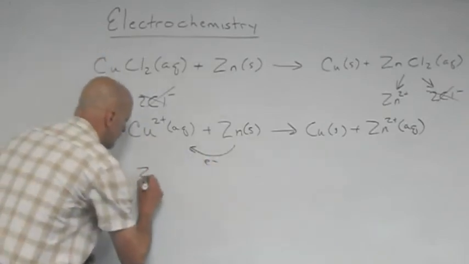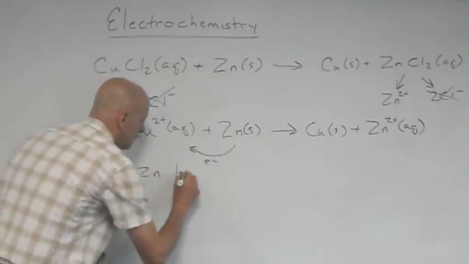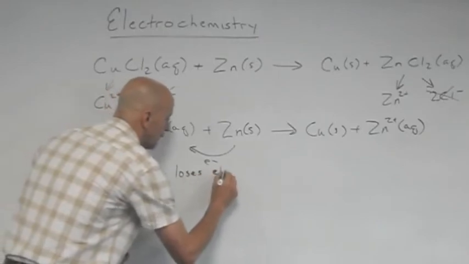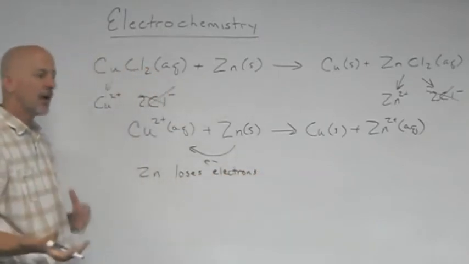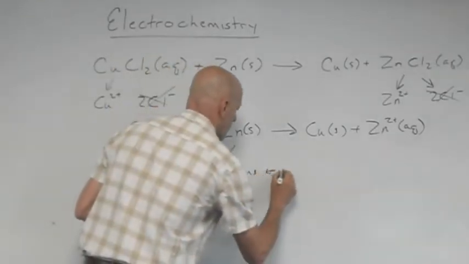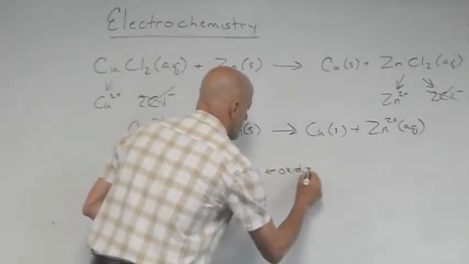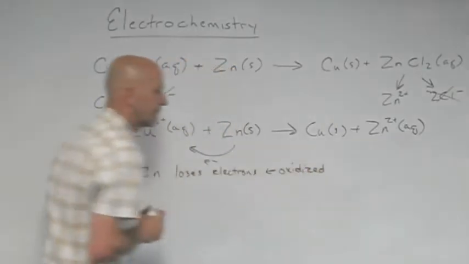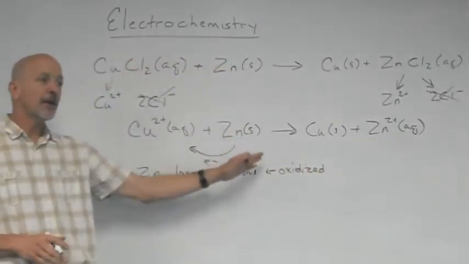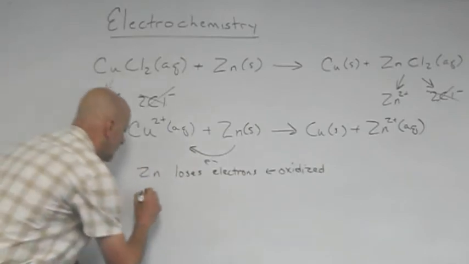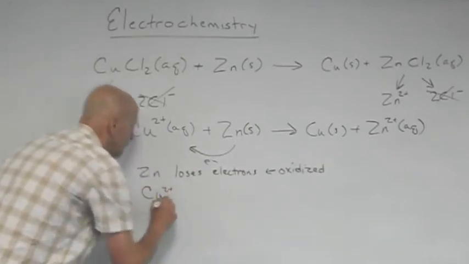So zinc loses electrons, and we say it has become oxidized. If something is becoming oxidized, meaning it's losing electrons, something else needs to gain those. Copper 2 plus is my reactant.